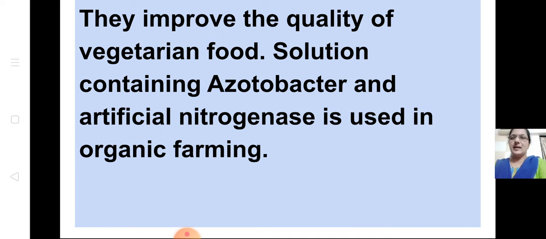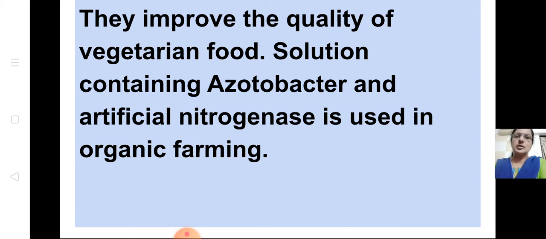Solution containing Acidobacter and artificial nitrogenase is used in organic farming. Okay, so in this way these microorganisms can be used even for improving the vegetarian food content.